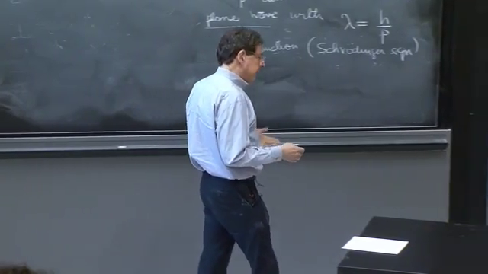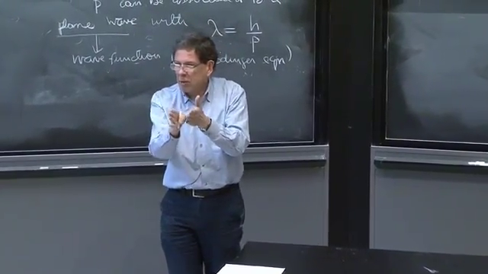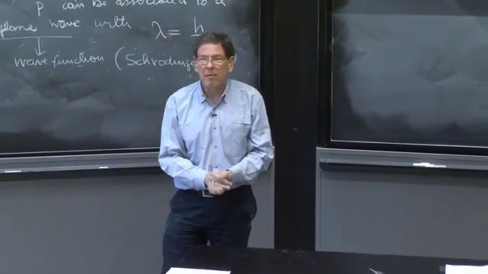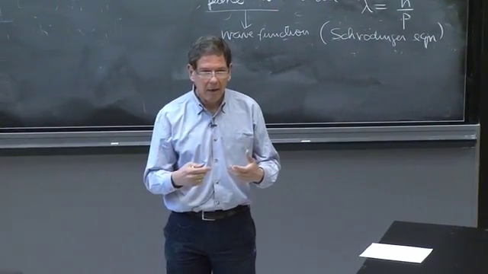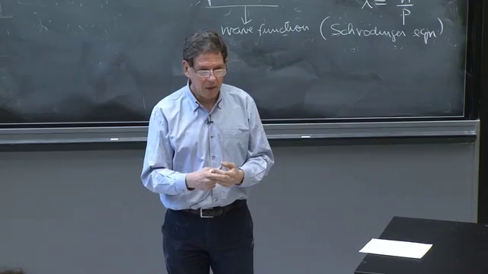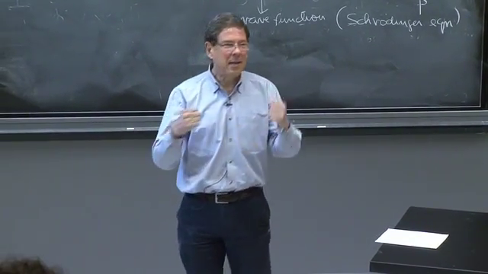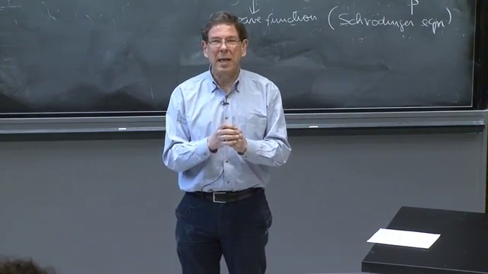When you have waves, like electromagnetic waves, you have polarization, you have directional properties. The electric field points in some direction. The wave is polarized. Is there a same property for the wave function? The answer is yes. It will have to wait a little in 8.04 to see it, but it has to do with spin.